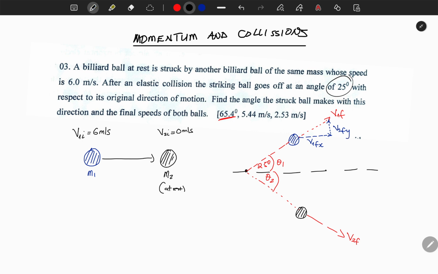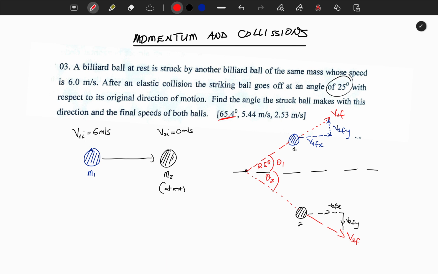Same thing applies to ball number 2, so this is ball number 2 and this is ball number 1. It will have the same type of motion, so there will be v2fx and v2fy. Clear, right? We need to take into consideration all those components.